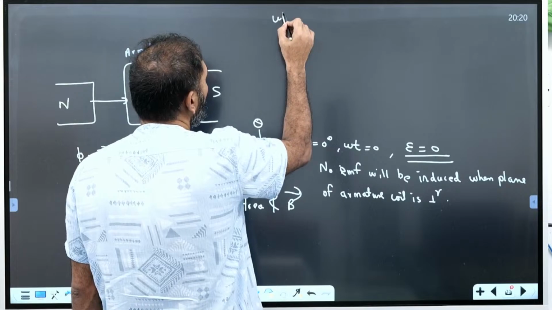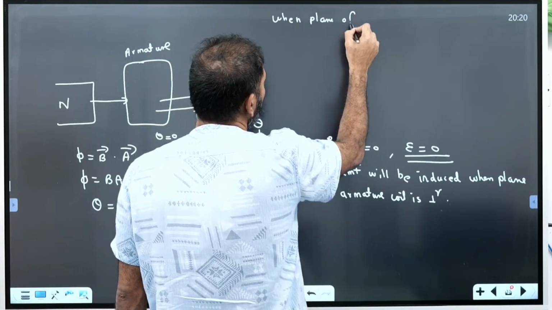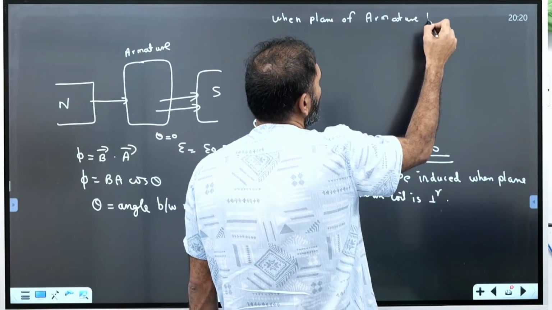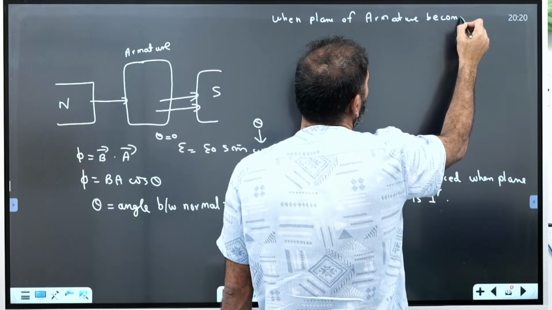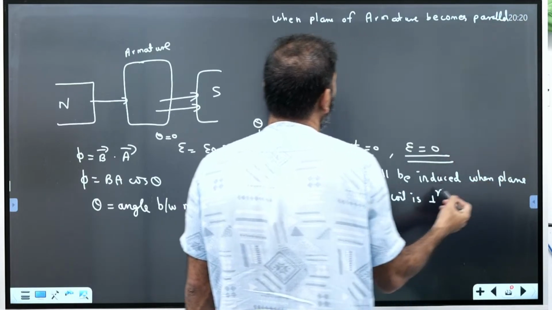When the plane becomes parallel, now see what happens when the plane becomes parallel.